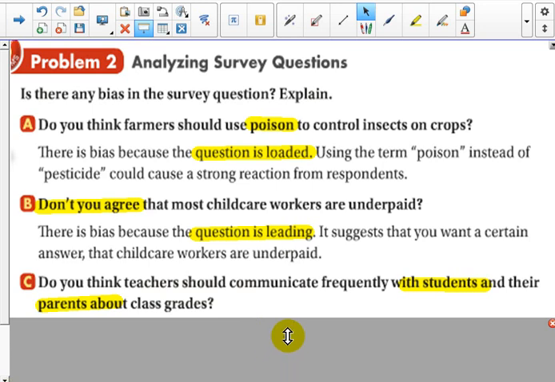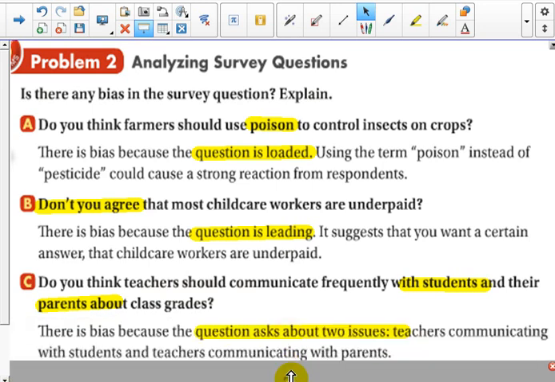That's sort of two issues. So, teachers communicating with students and teachers communicating with parents. So that creates bias in the fact that you could be underrepresented in one or the other. So you want to keep those separate issues. Either ask about the students or ask about the parents, but not both.